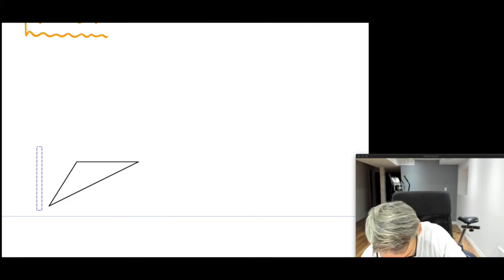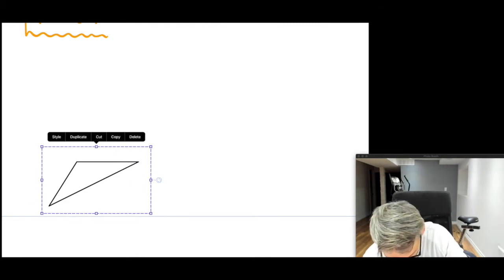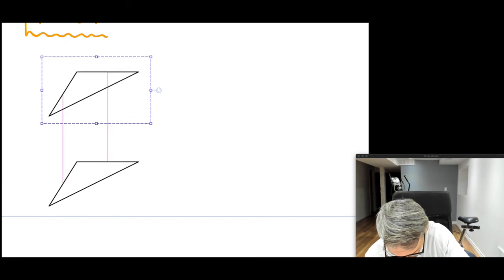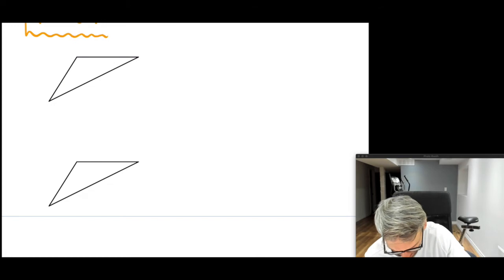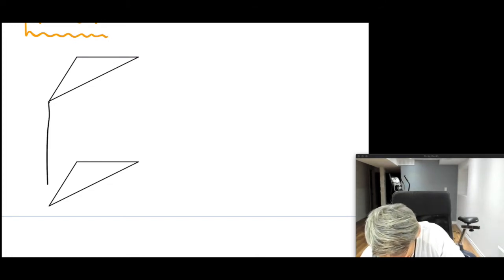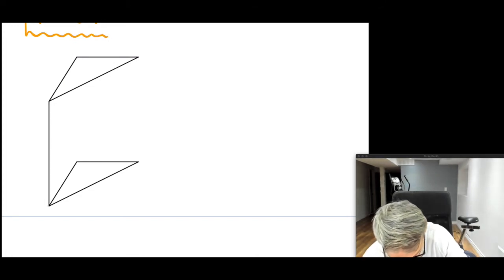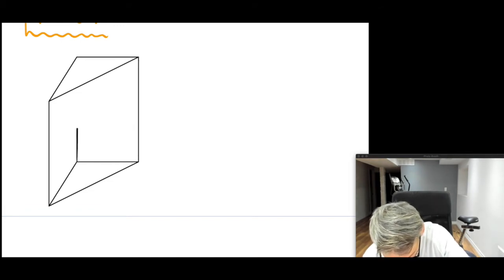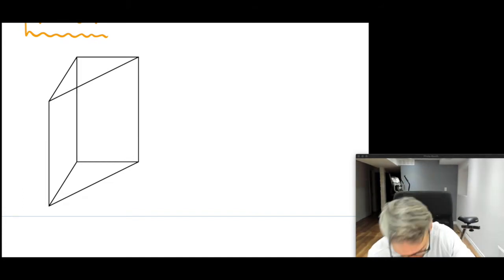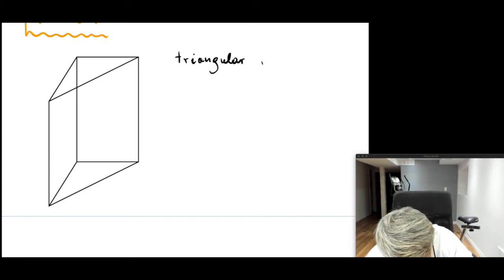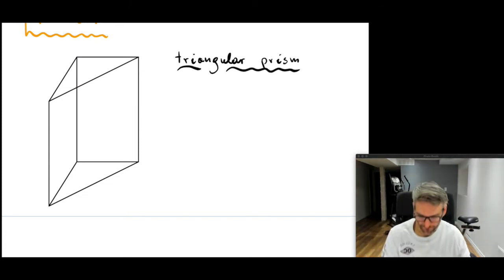For this triangle right here, let me duplicate, and let's make it grow. Okay, there we go. So now here's your height. Oh man. Well, anyway, I'm giving it a shot. So you have something like this. This is called a triangular prism. So that's what you have in here.